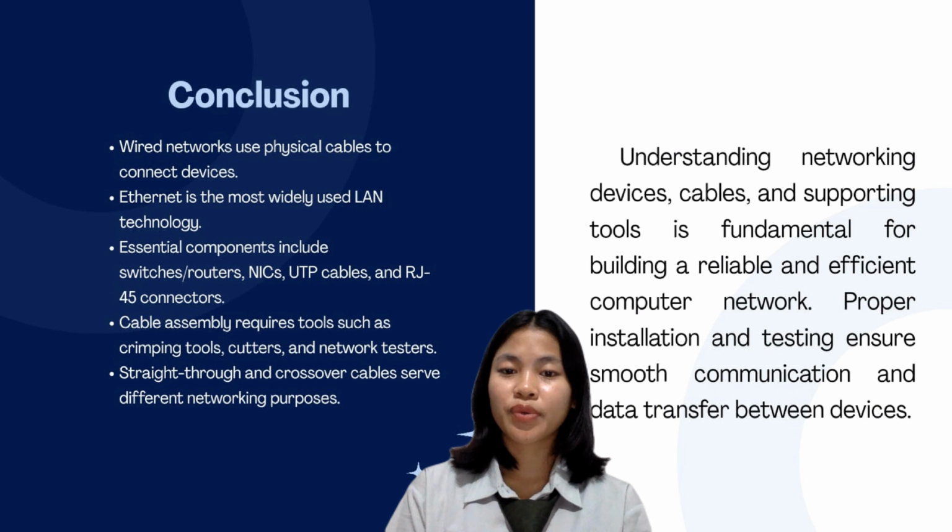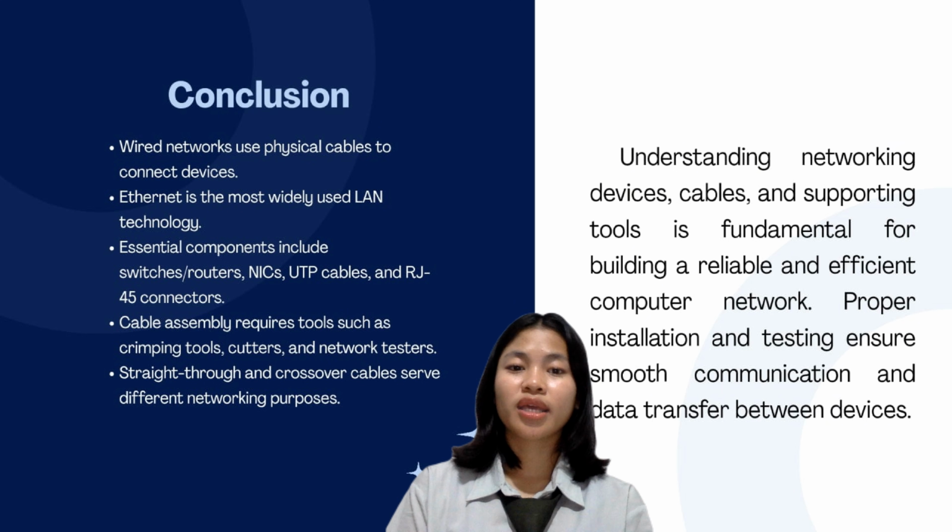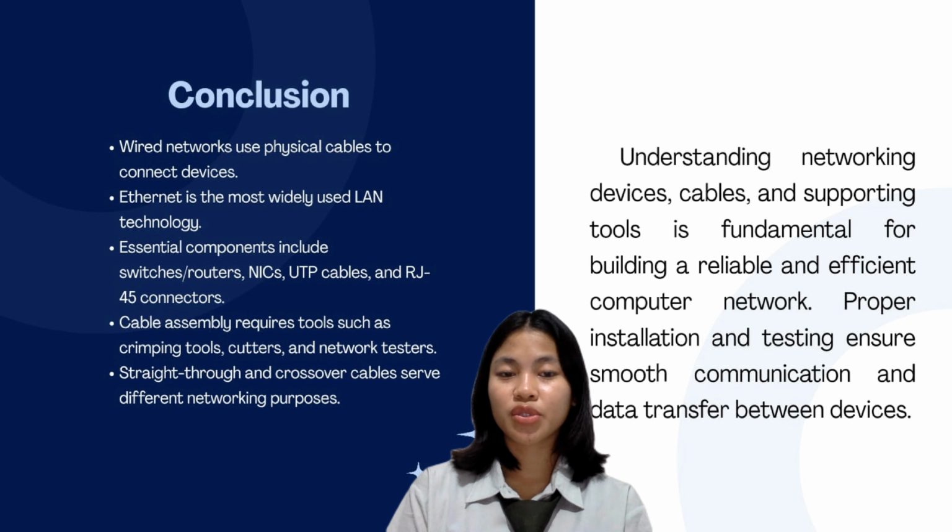Straight-through and crossover cables serve different networking purposes. Understanding networking devices, cables, and supporting tools is fundamental for building a reliable and efficient computer network. Proper installation and testing ensure smooth communication and data transfer between devices.